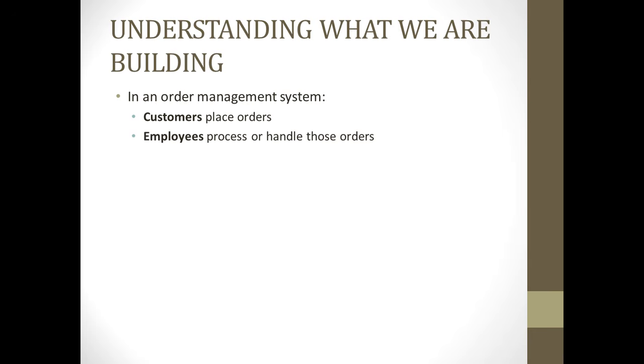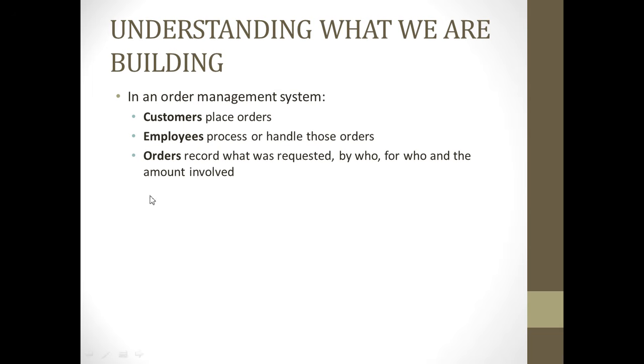Then the employee is the one who processes the order, while the order itself is where the record of what was requested, who requested it, for whom it was requested, what date this order was made, the amount involved in this order, and any other information you want to keep about the order. It is in the order table that we are going to have it.